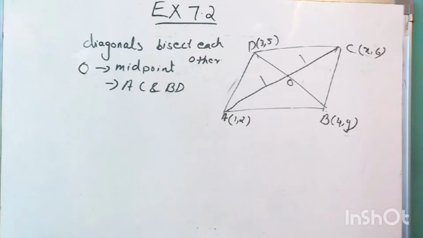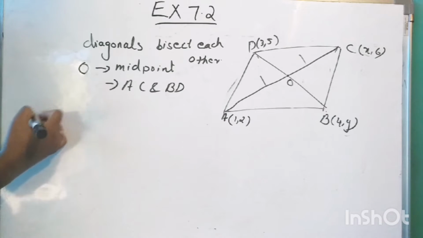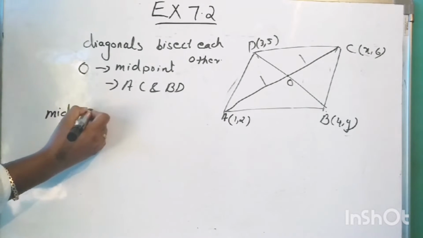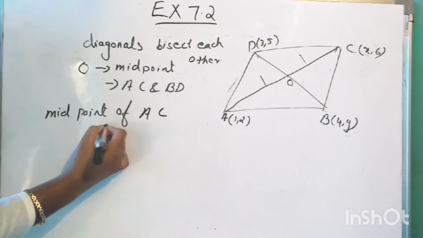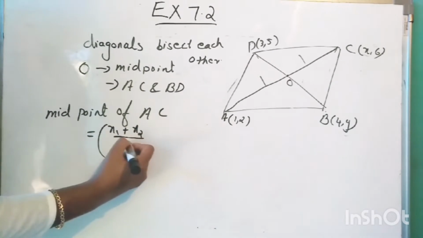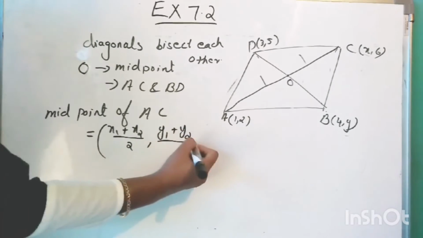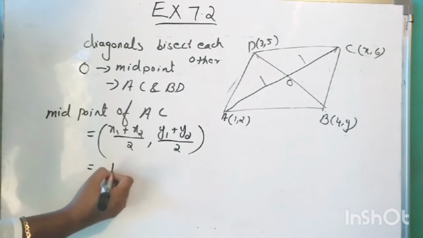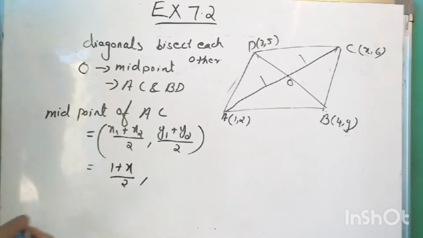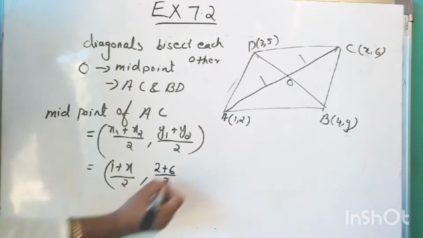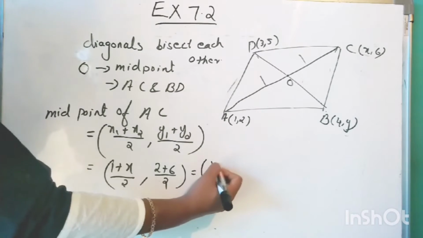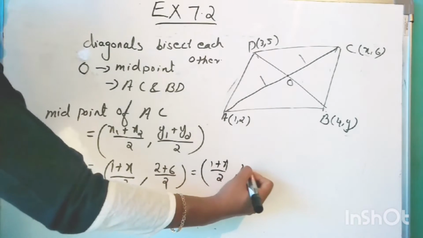So we can apply the midpoint formula to find the coordinates of O. The midpoint formula is ((x1 + x2)/2, (y1 + y2)/2). For AC we get ((1 + x)/2, (2 + 6)/2), that is ((1 + x)/2, 4).